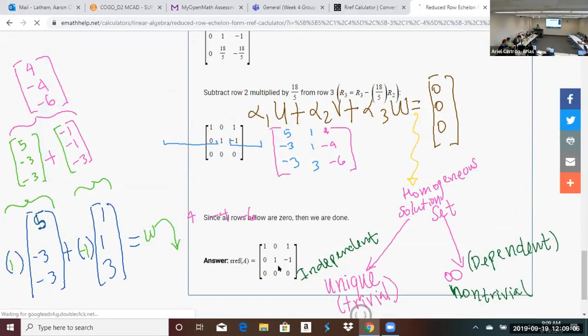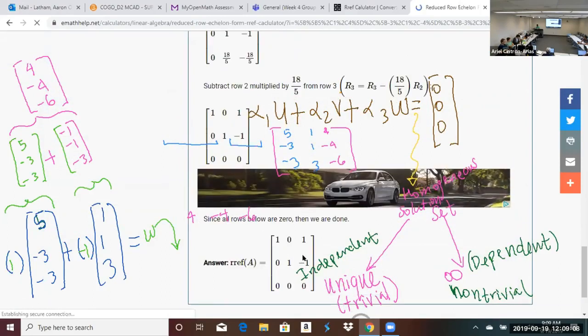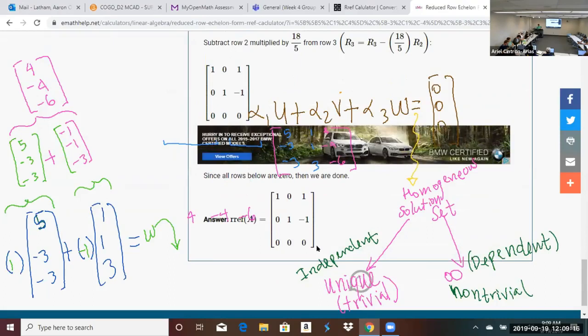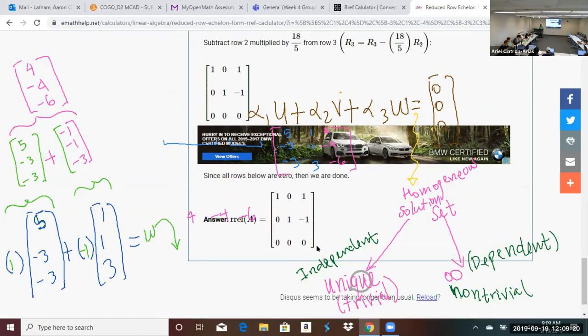Okay, that one's right. Yeah, see that? I guess it's just the calculator. So you found another RREF? That's correct. Okay, Aaron, so that's correct. So the calculator was tripping us, right?